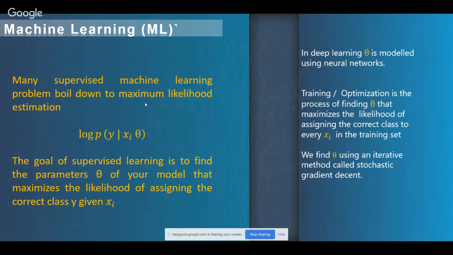And the idea is to solve for the parameters of your model that fits your training set. Deep learning also fits into this general framework, where your parameters theta are captured in a deep neural network. The way you find the parameters is through stochastic gradient descent. It's an iterative algorithm that tries to find the optimal parameters.